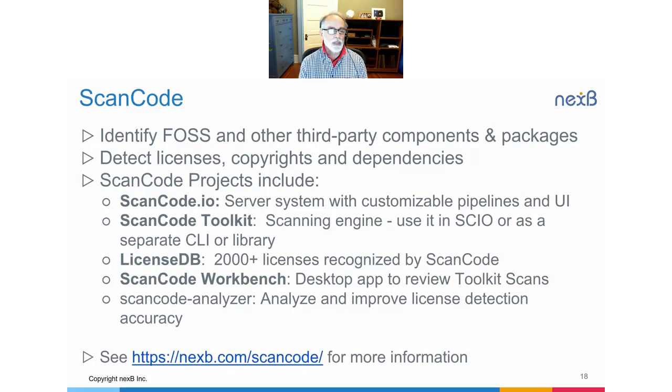Key point is that you can update or add licenses all with data. There's no code required to add a license to the detection system. Copyrights use a variety of regex type analysis, and dependencies can understand all the different types of package manifests that exist in various ecosystems and provide that data.